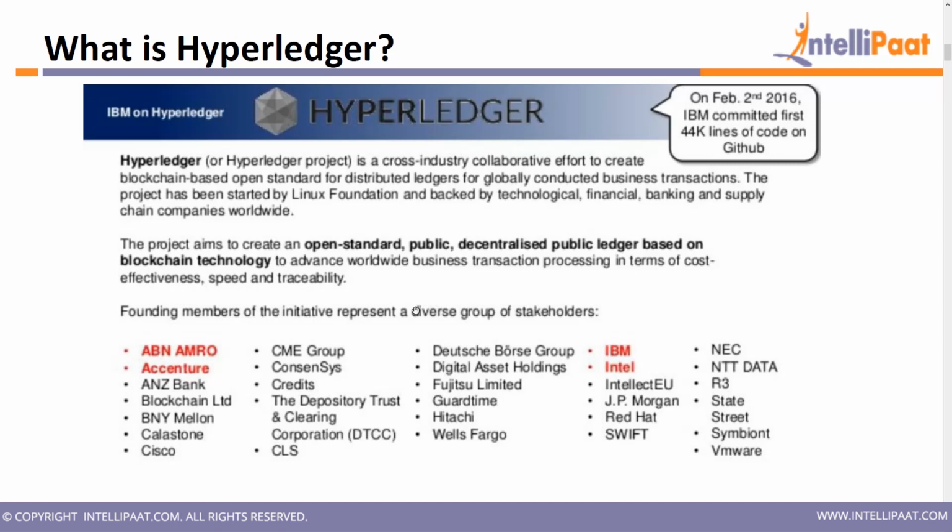It was initially started by the Linux Foundation, and then everyone from industry, like financial, banking, supply chain, a lot of companies came together, seeing the benefit of this Hyperledger platform, including IBM, in order to back the Linux Foundation and make Hyperledger Fabric more useful, more robust, and more easily accessible.